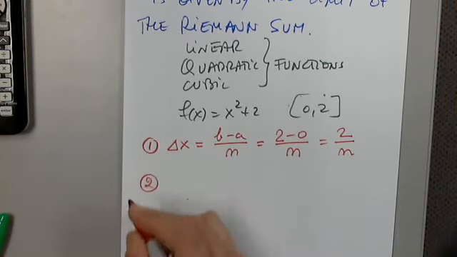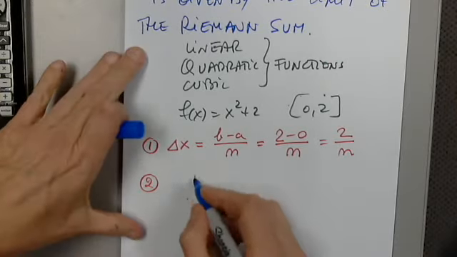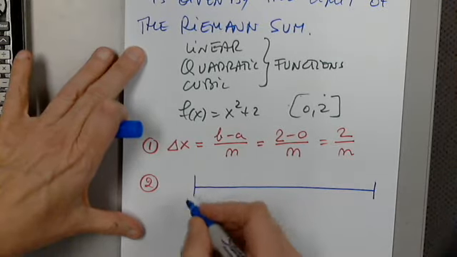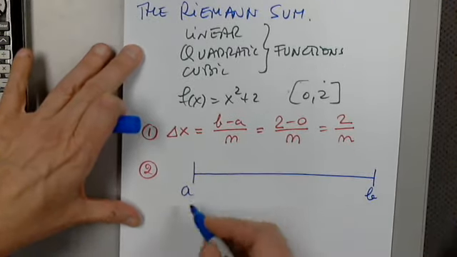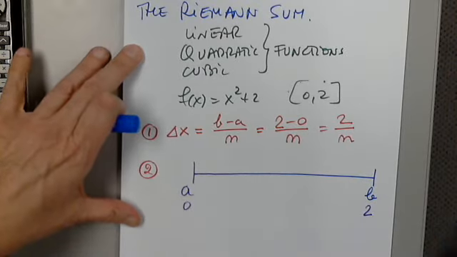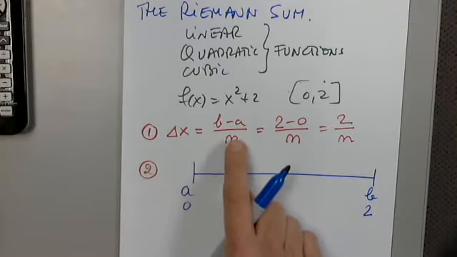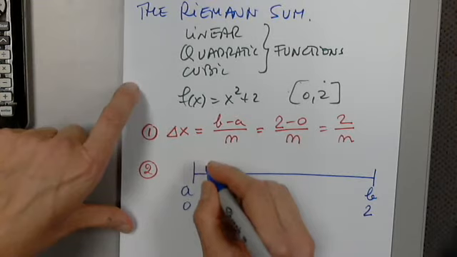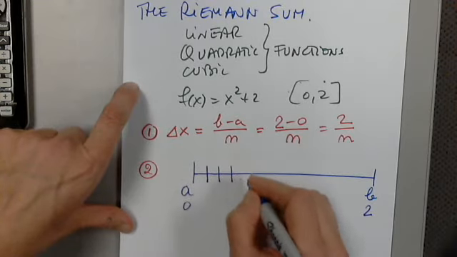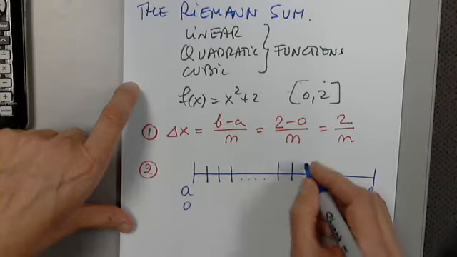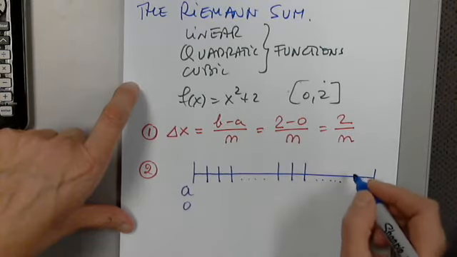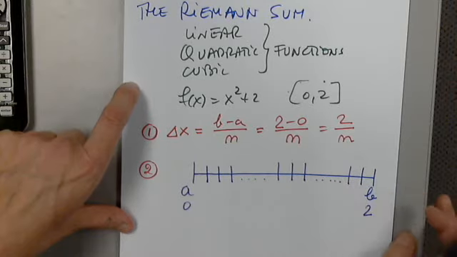Second prep, and I have to explain the second prep. We're not ready. Here is the interval a comma b. In our case, 0, 2. And I will divide it into how many subintervals? n, right? So this is the first one, and this is the second, and this is the third. This is the ith, i plus 1, n minus 1, and n.